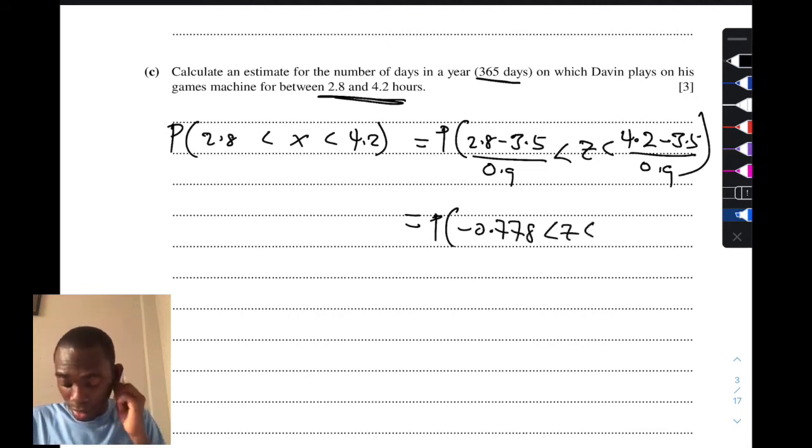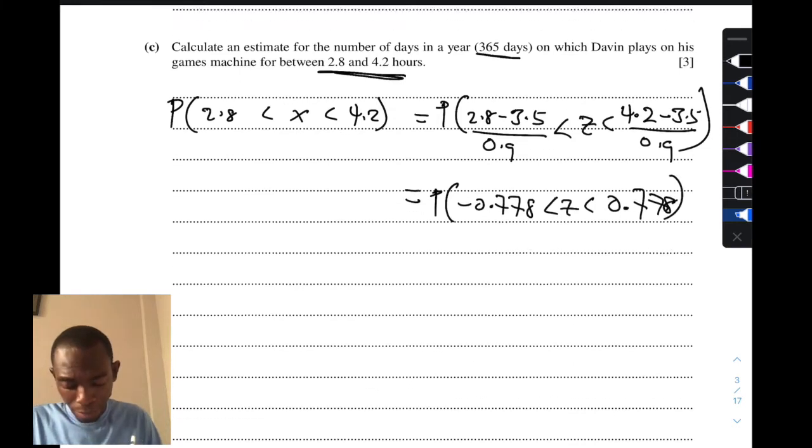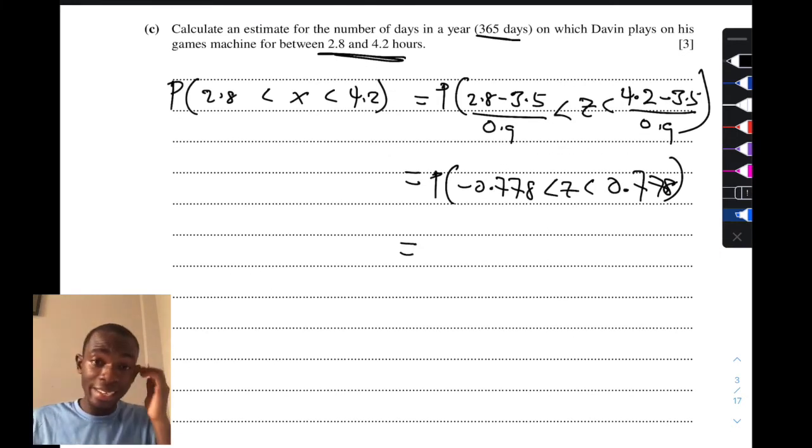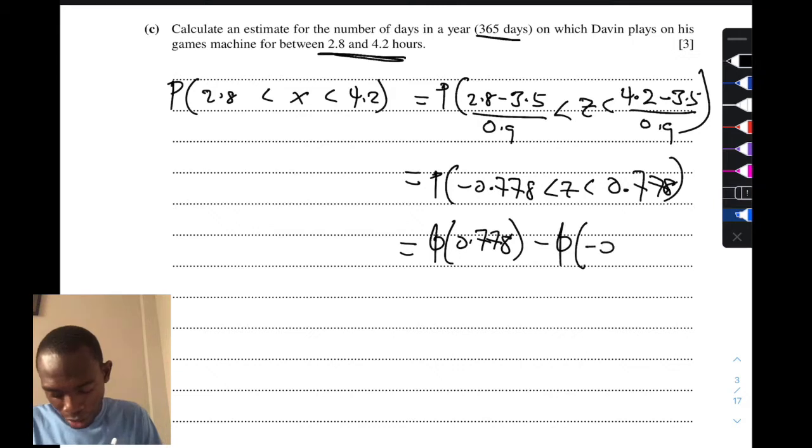It's less than z, less than 4.2 minus 3.5 over 0.9, and that is the same thing, but just the positive way. The thinking is the same. You have intervals, so you take the positive minus the negative. That's how it works. So phi of 0.778 minus phi of negative 0.778.